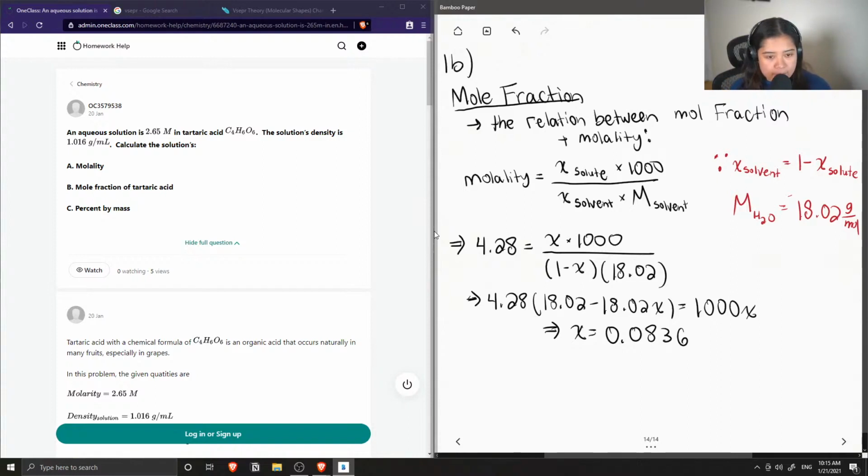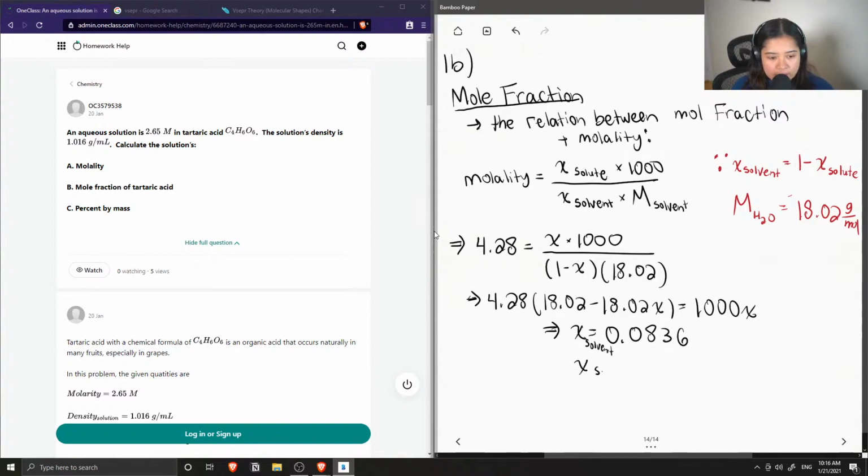So if this x is equal to the mole fraction of our solvent, then to find the mole fraction of our solute, it's just going to be 1 minus this answer. Let me just say this is for solvent.